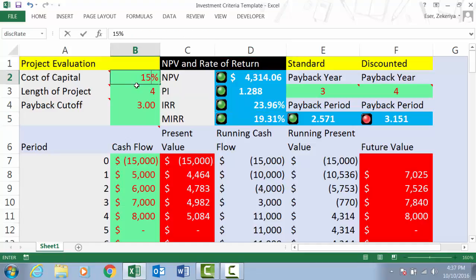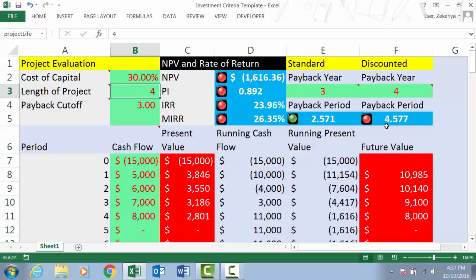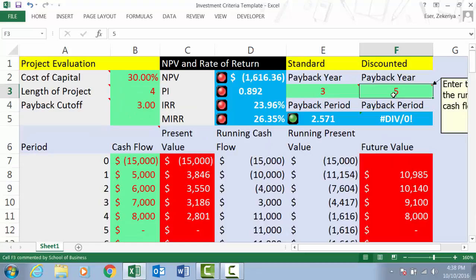If we had a 15%, similarly, let's do 30%. On the payback period, discounted payback period, I now need to be careful. This actually never goes positive.